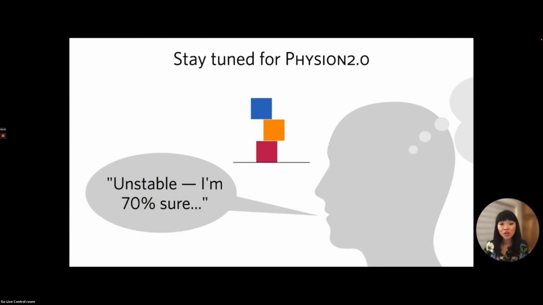Physion 2.0 will also generalize beyond the OCP task to include large-scale human psychophysical measurements of other important aspects of human physical scene understanding, including uncertainty, providing an even richer target for models to capture.